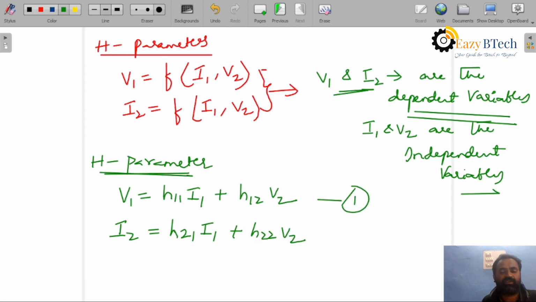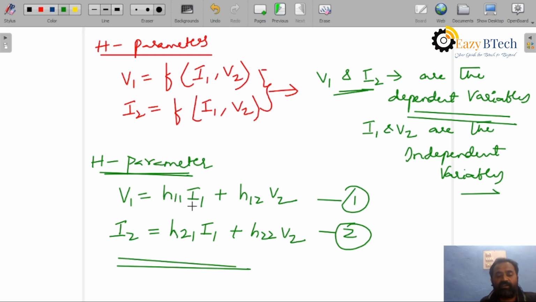This is equation 1, this is equation 2. These are the H parameter equations. We are writing this equation.